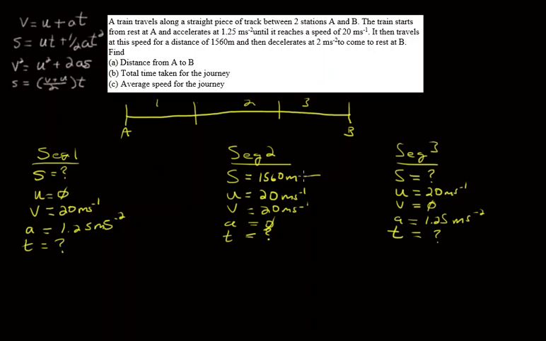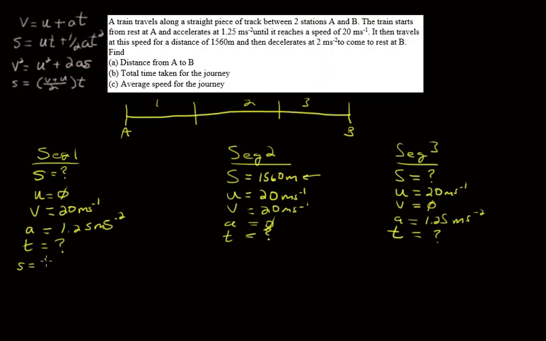So they want to know what the distance from A to B is. We only have one distance here, so we have to figure out the distance here. So S equals, which one has U, V, and A in it? Well, U, V, but not S. U, no V. Well, it's right here. It's this bottom one.